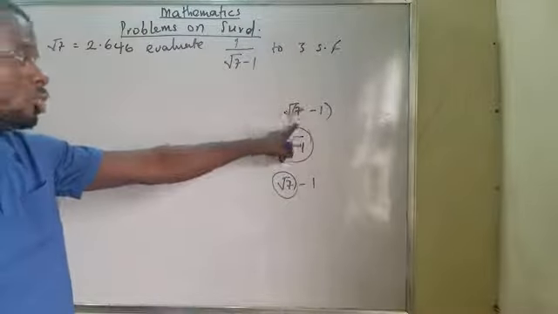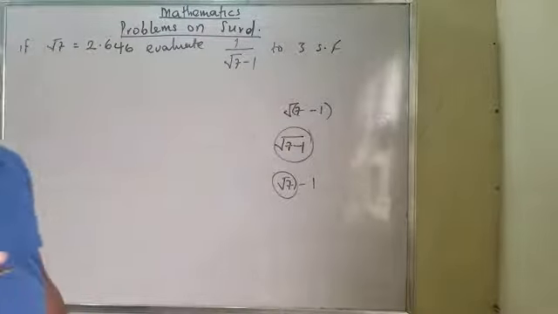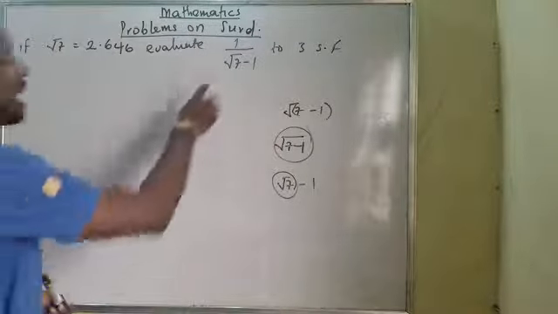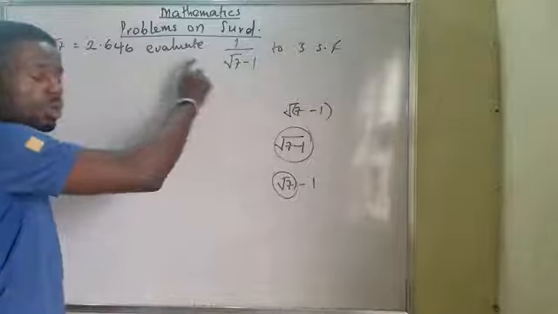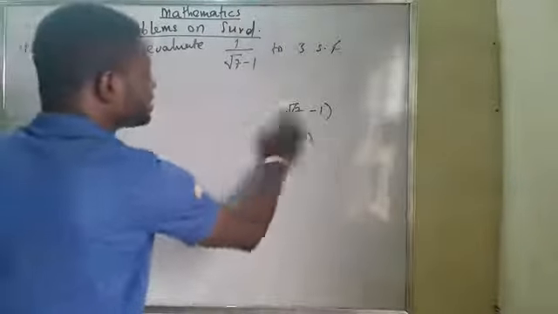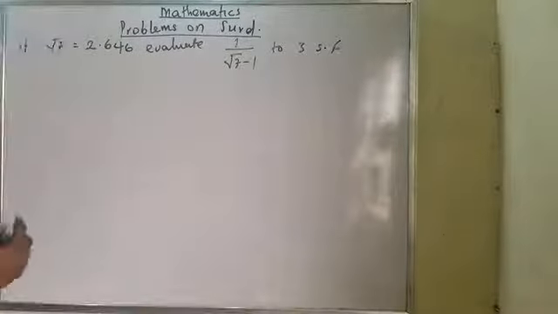In the other one, the root belongs to 7 and minus 1. Please take note of that very well. Now, as you see this, the root belongs to only 7. You must learn those things very well.